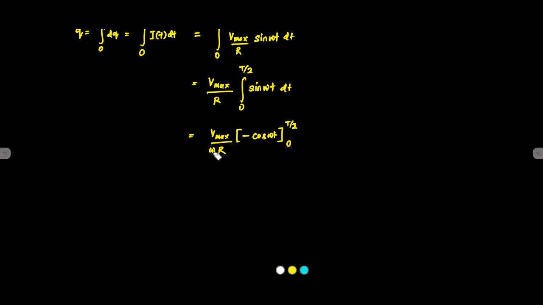That's why we took it to the denominator, and the integration of sine is minus cosine, with lower limit 0 and upper limit T by 2. So that is equal to minus V max by omega R cos omega t from T by 2 to 0, same as we did for alternating current.